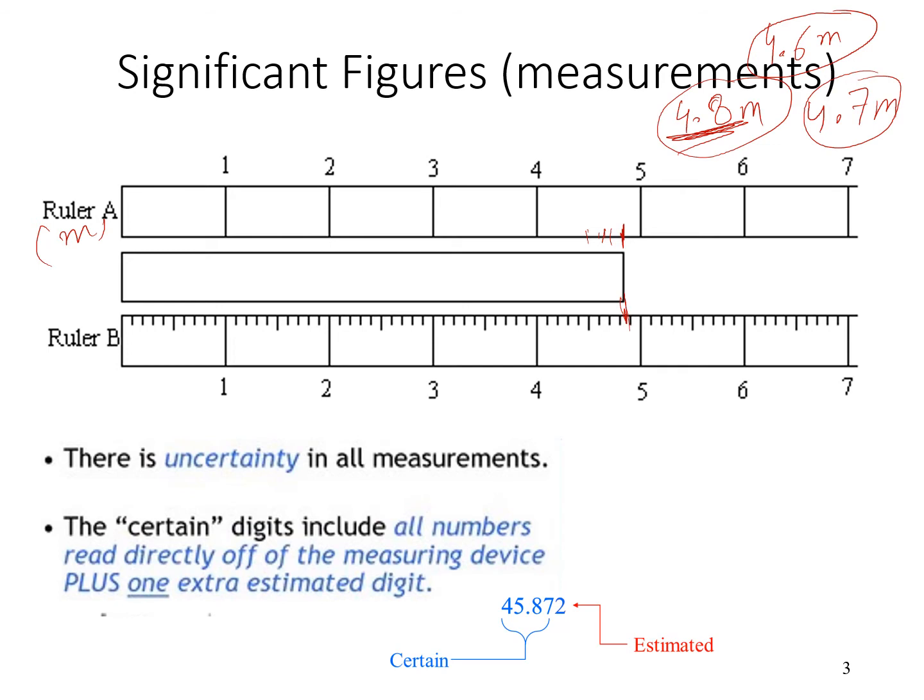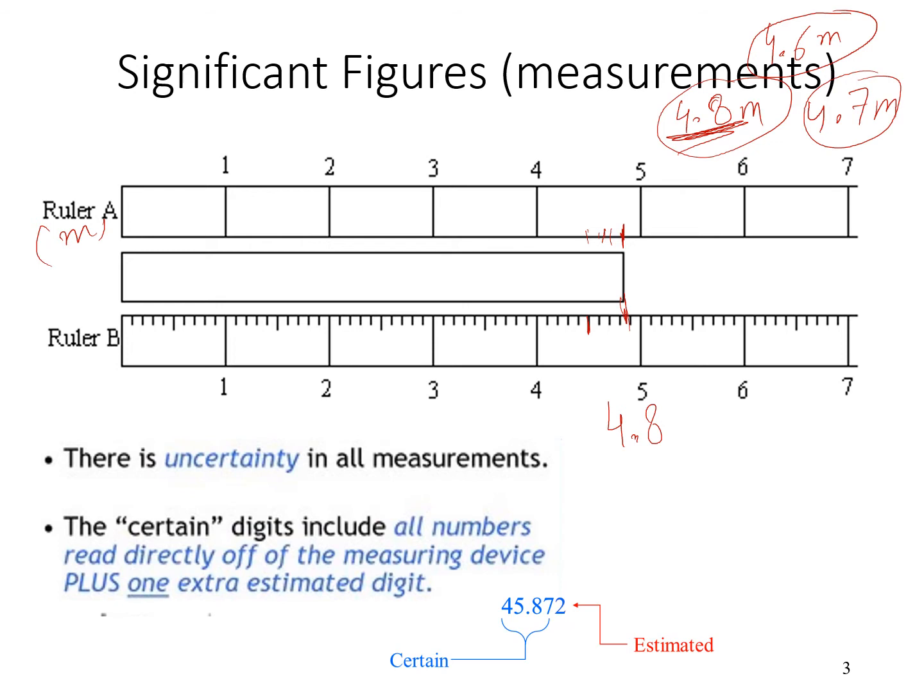What am I sure of? If this is 4, you can see there are 10 smaller lines between 4 and 5. So this midpoint right here is 4.5. This is 4.6, 4.7, 4.8. So now I'm sure that this stick is 4.8 meters. Now, 4.8 how much? I am not sure, but I can eyeball it.